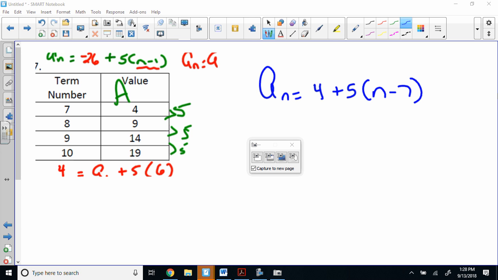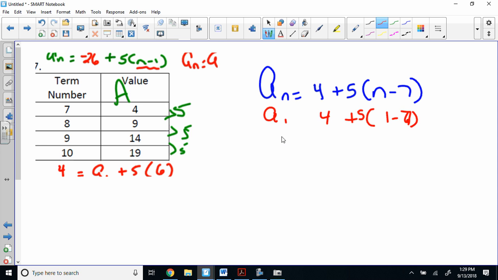Oh my gosh. Let's see if we can do it. Because if it works out, this might be something. So a sub 1 would be 4 plus 5 times 1 minus 7, right? Yes or no? So that's 4 plus 5 times, what's that?